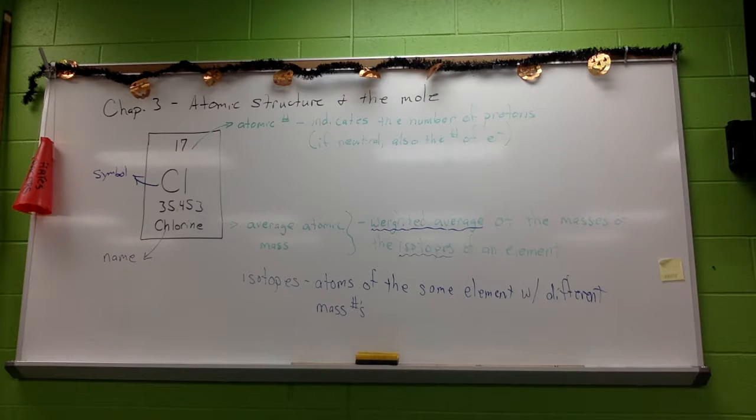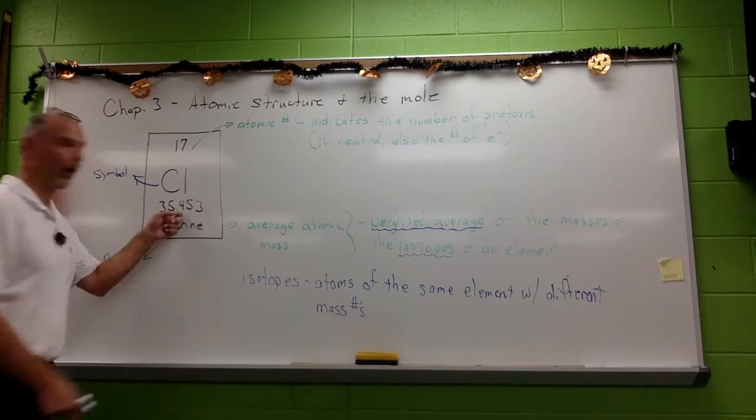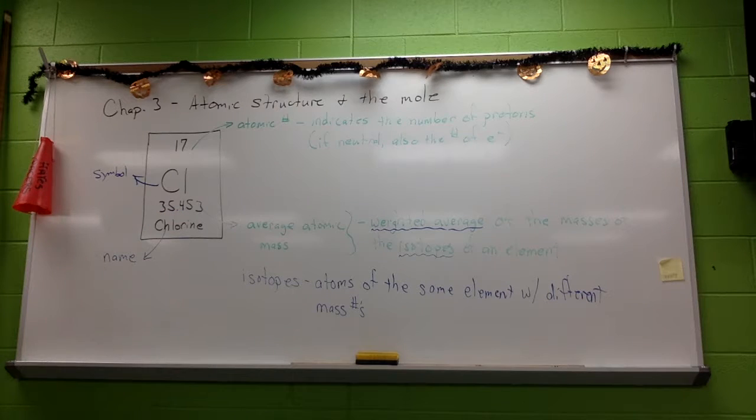Good answer, everyone. They aren't on there. What is on there is clearly the weighted average of the mass numbers, okay? But the mass numbers are not individually on any periodic table, okay? So, what is a mass number?